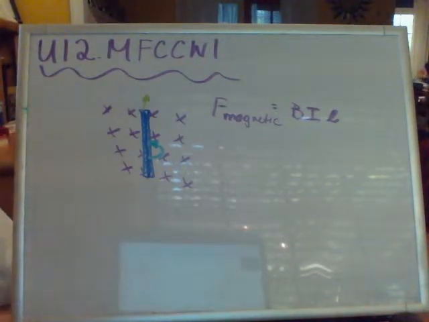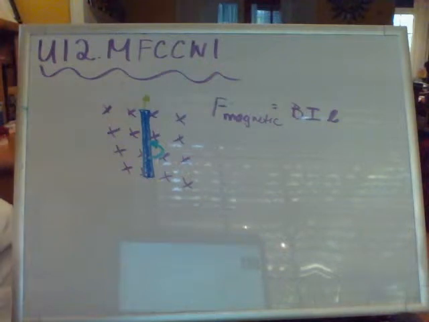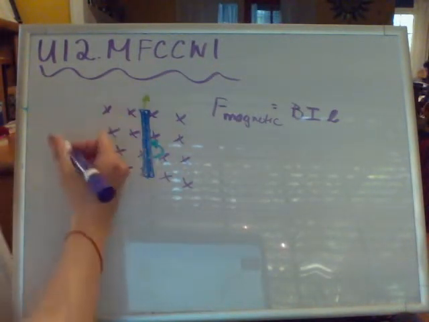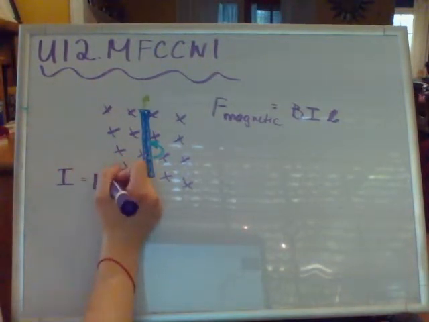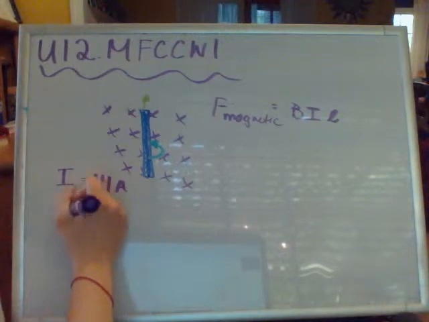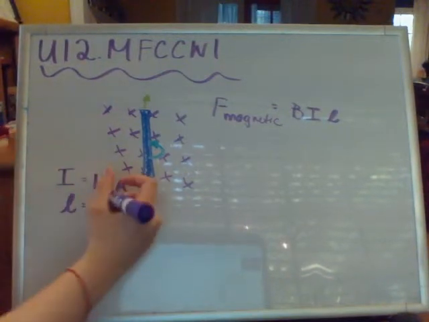So in this problem, it tells us that the wire has a 14 amp current passing through it. So our current over here is 14 amps, and it tells us that the length of the wire is 2 meters.